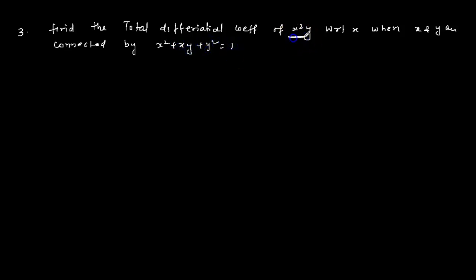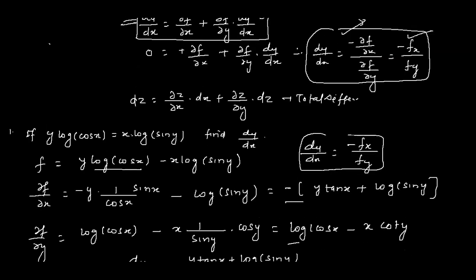So here this is just like a u given. u is given in terms of functions, that is x square y, and this is implicit, x square plus xy plus y square is equal to 1. We need to find the total derivative here.